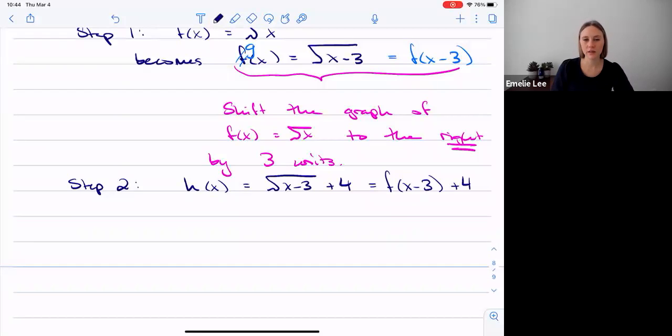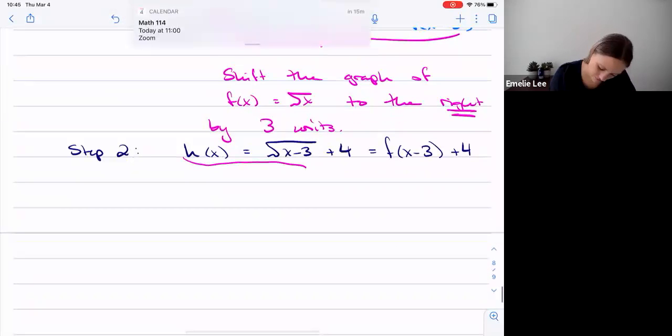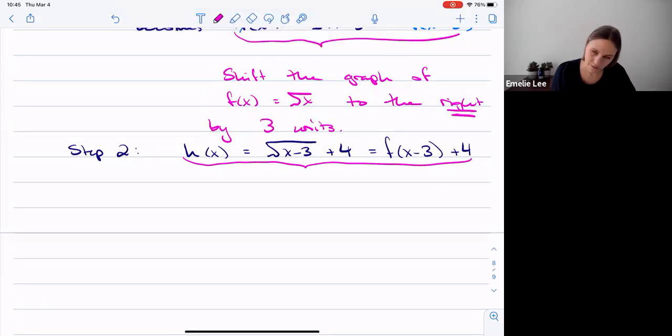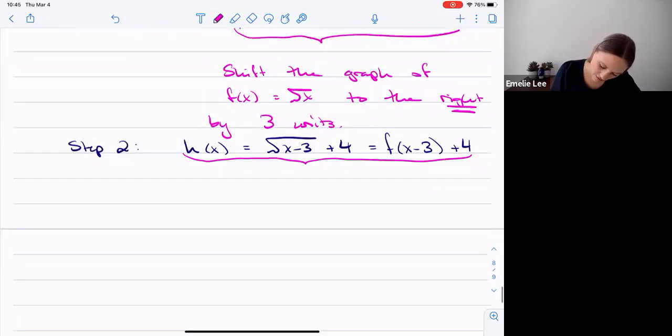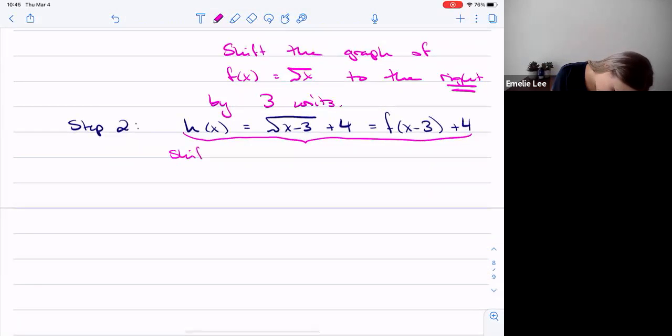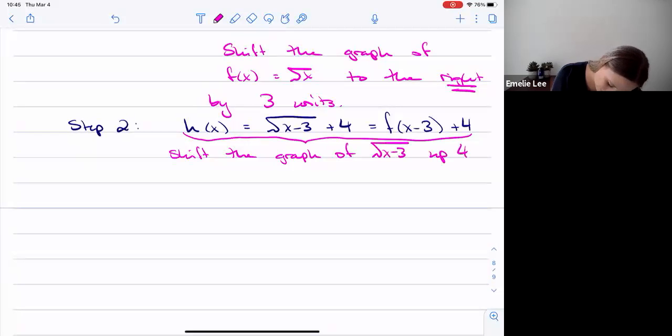So we bloom things out. This means I'm now shifting the graph of the root of x minus 3 up 4 units.